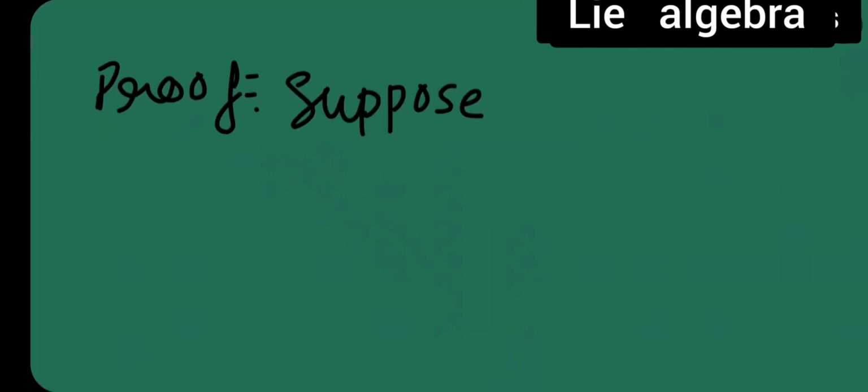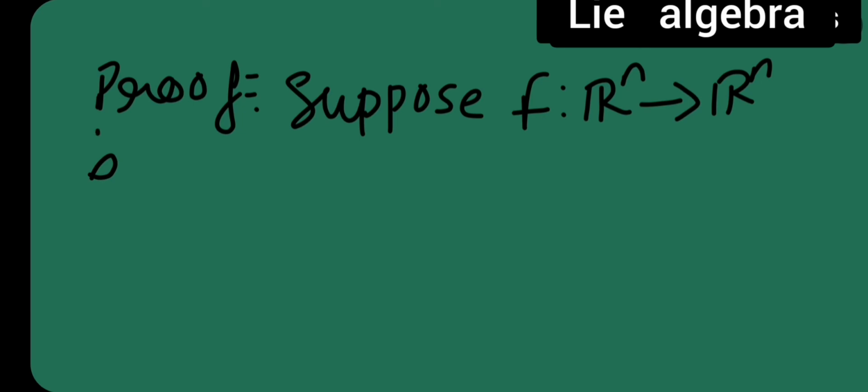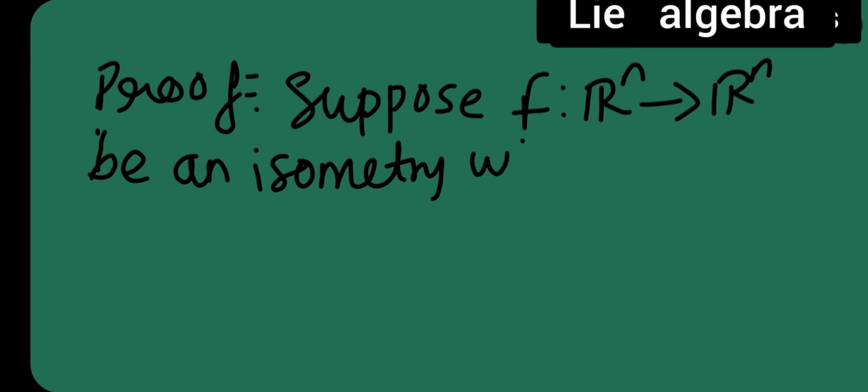So suppose f from R^n to R^n is an isometry with f of 0 equal to 0.